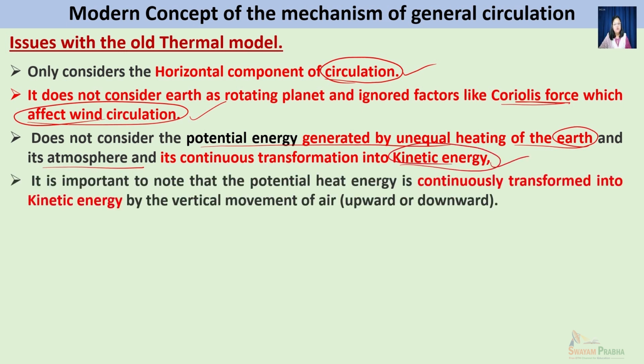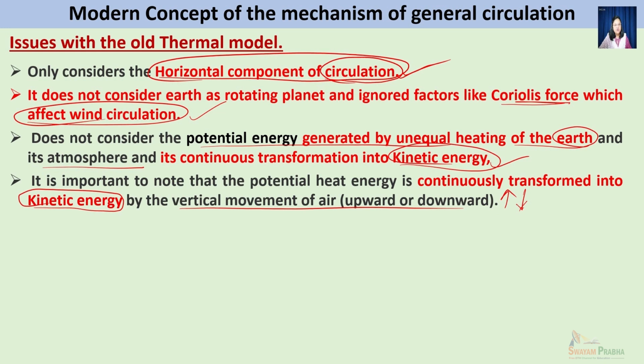So it is important to note that the potential heat energy is continuously transformed into kinetic energy by the vertical movement of air, that is the upward movement, as well as the downward movement, as the explanation of the general circulation of atmosphere in the thermal model was entirely based upon the horizontal component of air circulation near the Earth's surface, and it completely ignored the vertical movement of air.